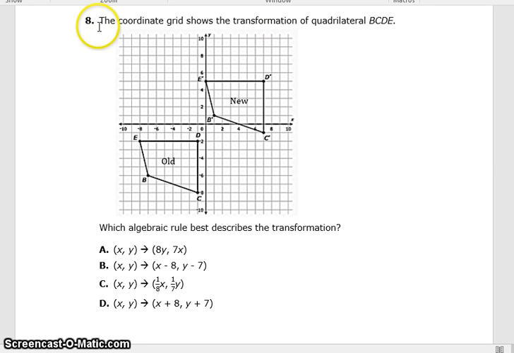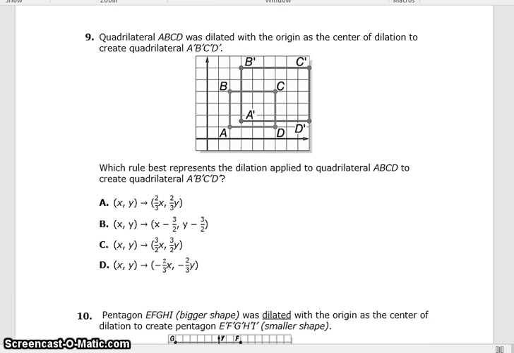Number 8. The coordinate grid shows the transformation of quadrilateral BCDE. So we have this is my old shape, and this is my new shape. Which algebraic rule best describes the transformation? Number 9.